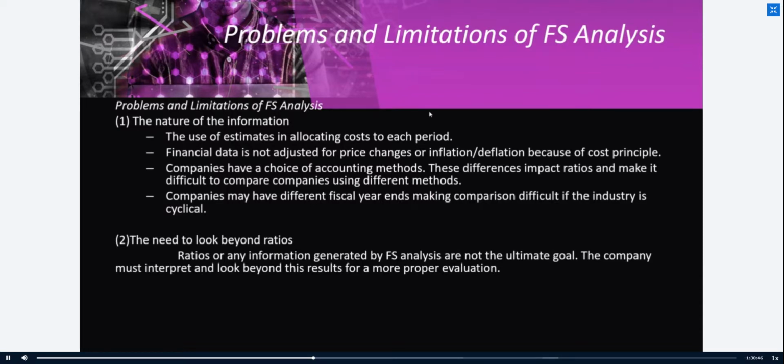The need to look beyond ratios. Ratios or any information generated by financial statement analysis are not the ultimate goal. The company must interpret and look beyond these results for a more proper evaluation. So class, later on I will provide you with a list of ratios.